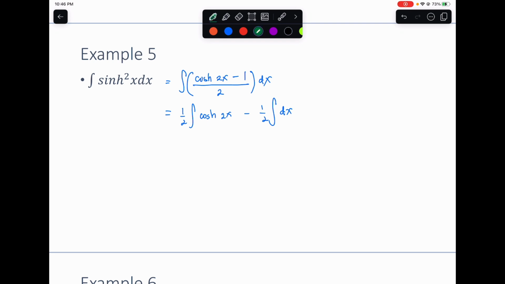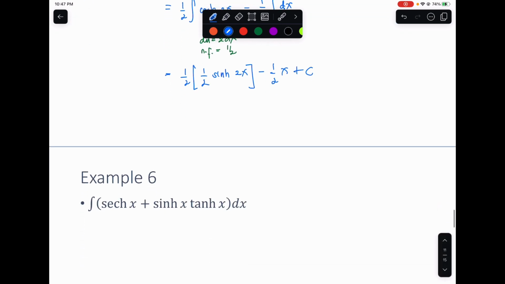And then, becoming our u here to be 2x, our du would be 2 dx. So thus we have a neutralizing factor, which is 1/2. So we already have 1/2 here, multiplied with the neutralizing factor of 1/2. The integral of hyperbolic cosine would be hyperbolic sine of 2x. And then minus 1/2, the integral of dx is just x.